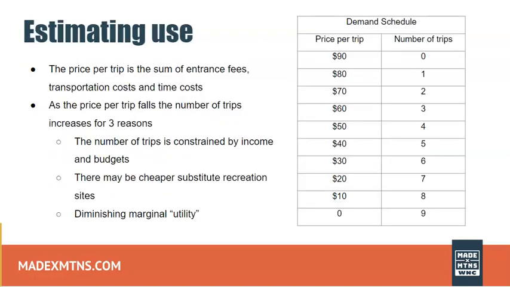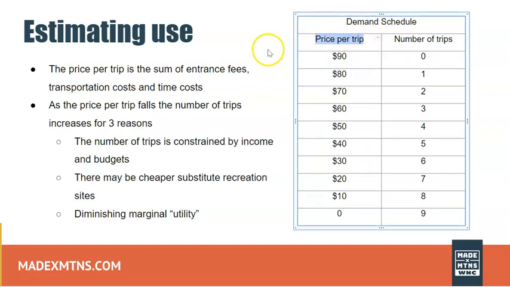Okay, so on the right here, we've got what's known as a demand schedule, which is a table that lays out the number of trips that would be taken to a recreational site at different prices per trip.